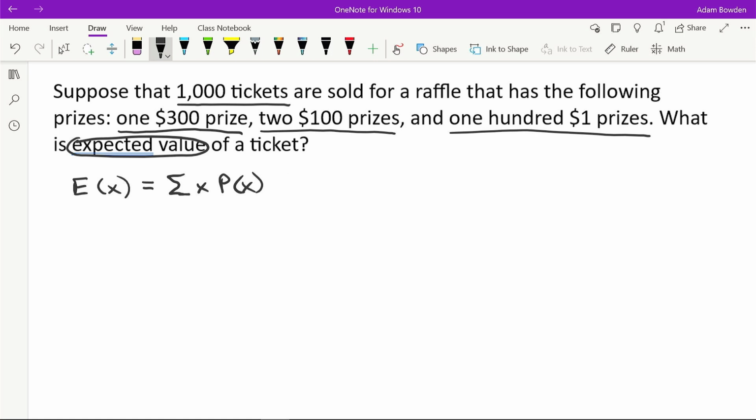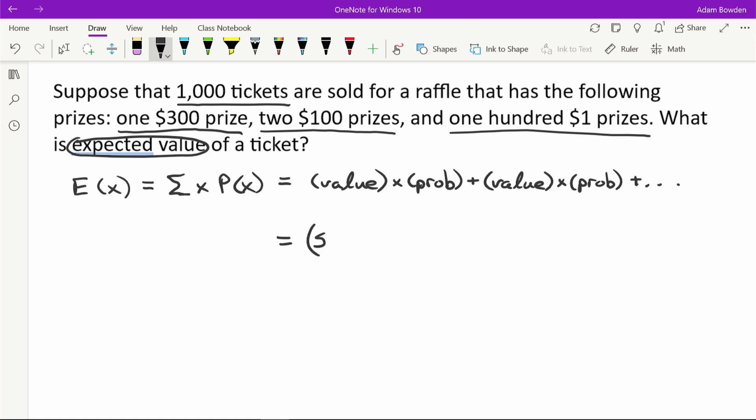Again, it can be thought of as taking the respective values times the respective probabilities, adding them all up together across all the different outcomes here. So we have to calculate the probabilities to go along with it. We know the values though.